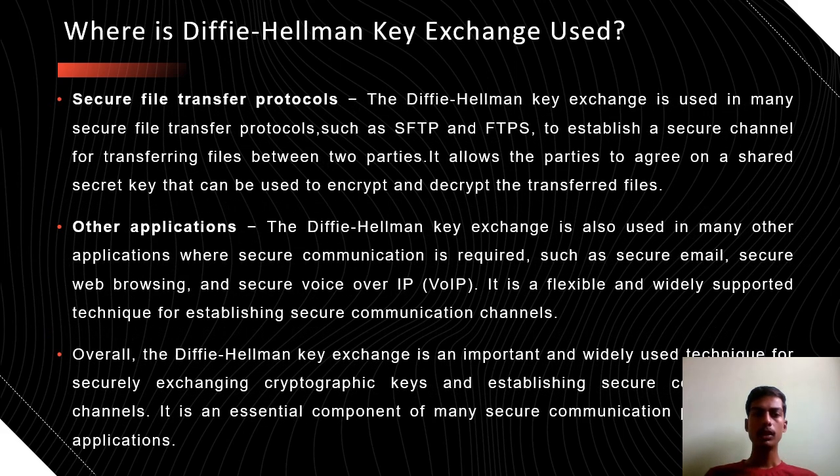It can also be used in secure file transfer protocols such as SFTP and FTPS to establish a secure channel for transferring files between two parties, using a shared secret key to encrypt and decrypt the transferred files.